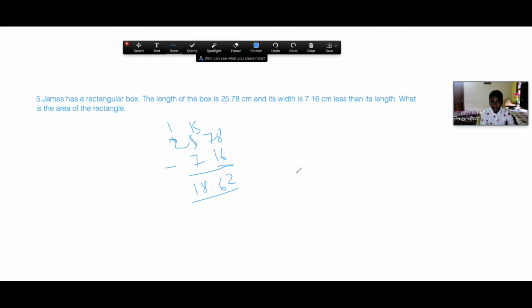So now what is the area of rectangle? So area of rectangle means it is L into B. Area of rectangle equals to L into B. So breadth is 18.62, and length is 25.78 into 7.16. Okay friends, so for this I am using calculator because this will become so big, friends. So that's why I am using the calculator.